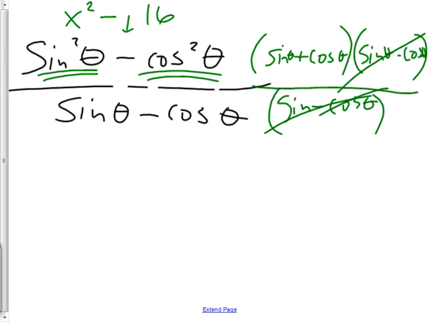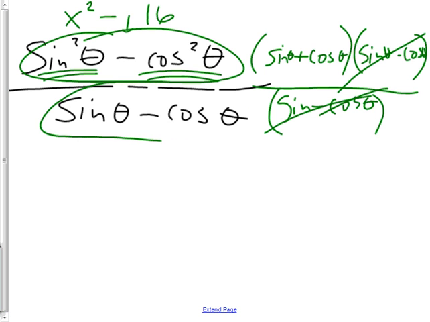Final answer, sine plus cosine. The most common mistake answer, sine minus cosine, because they think, oh, this will just cancel this and everything's negative, so the answer must be negative. Nope. Once you factor this out, you see one of them has a plus in it and one of them has a minus in it. And it's the minus one that cancels. Final answer would be sine theta plus cosine theta.